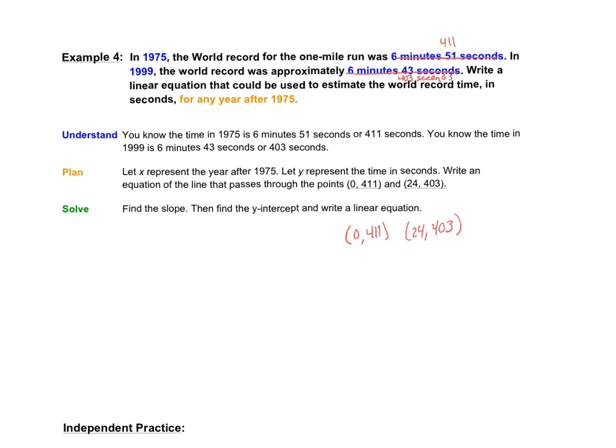And so we can now find the slope of these. y2 minus y1 over x2 minus x1, which is equal to 403 minus 411 over 24 minus 0. So we get negative 8 over 24. Divide both by 8, and we get negative 1/3. So m equals negative 1/3.